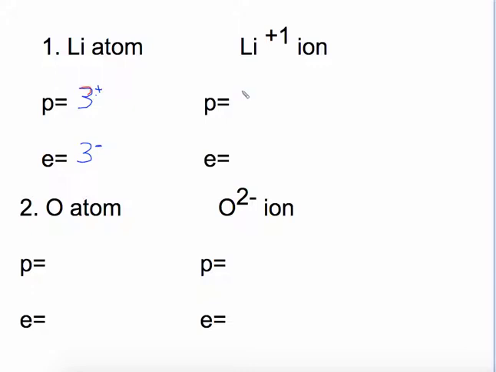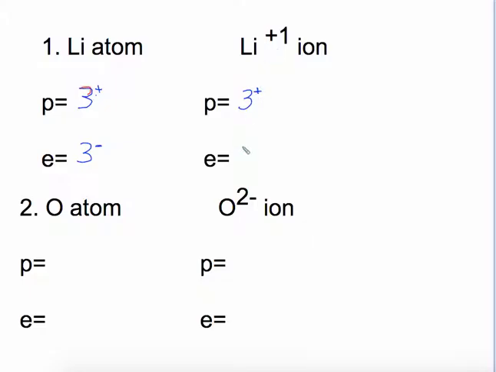Now, if lithium forms an ion, it becomes a positive 1 ion. The protons never change. So it's still 3 positive. But lithium has a net of 1 positive charge.